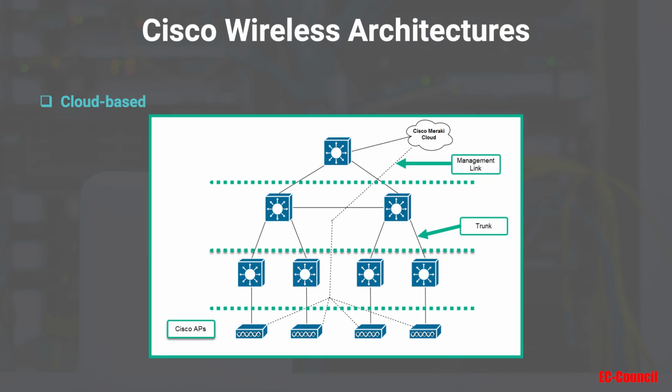Now, even though there are physical wires connecting our APs, such as AP1, AP2, AP3, and AP4, as long as these APs, as in lightweight access points, are associated with a controller in the cloud, a management link is used to connect each AP to the actual controller in the cloud.